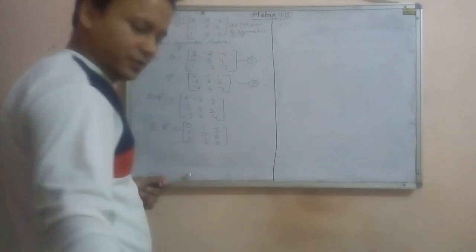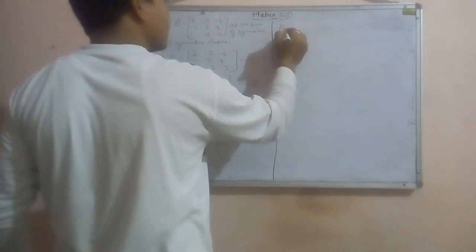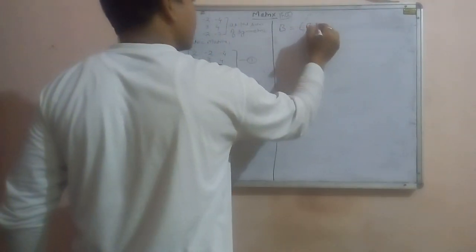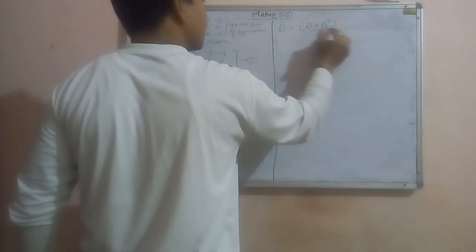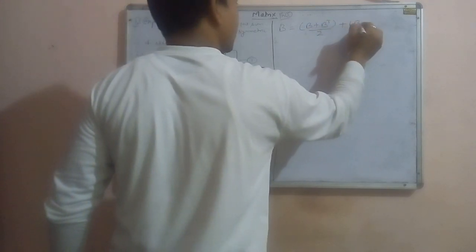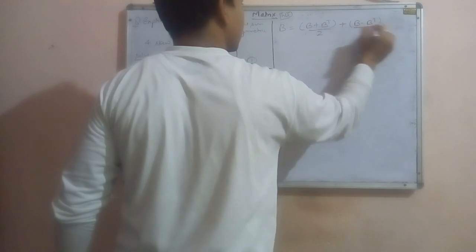We know that every square matrix can be expressed as the sum of a symmetric and a skew-symmetric matrix.